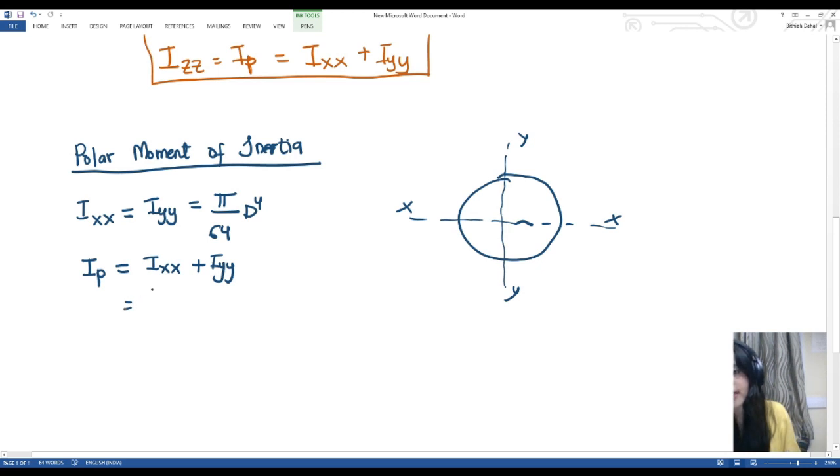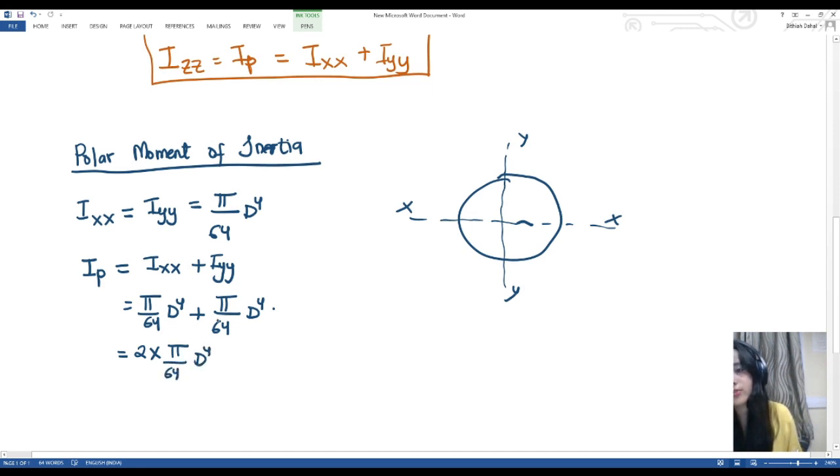Ixx is pi by 64 d raised to power 4 plus pi by 64 d raised to power 4. It is 2 times, so I can write 2 times pi by 64 d raised to power 4.